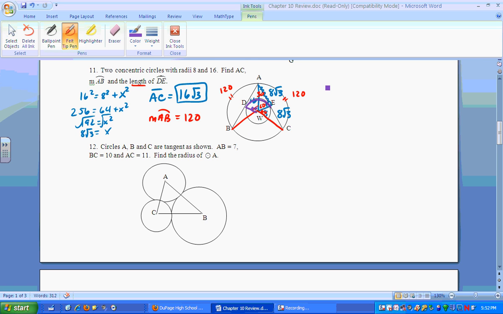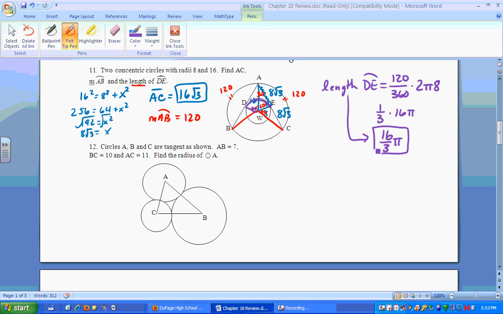So the measure of the central angle for DE is going to be 120, but that's over 360, and then you have to multiply by the circumference, which is 2 pi, and the small radius ends up equaling 8. So what do we get? We get 1/3 times 16 pi. Well, does 1/3 go into 16? So you get 16 over 3 pi for the length of DE.